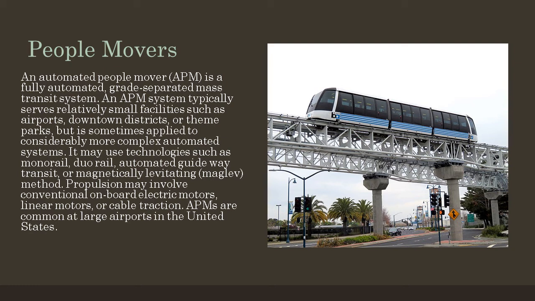It may use technologies such as monorail, duorail, automated guideway transit, or magnetically levitating method. Propulsion may involve conventional onboard electric motors, linear motors, or cable traction. APMs are common at large airports in the United States.